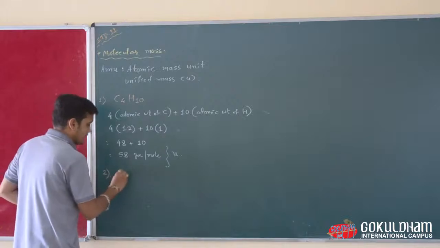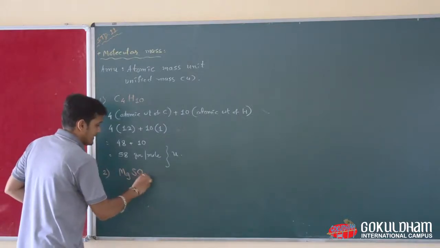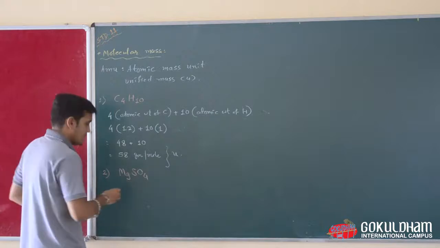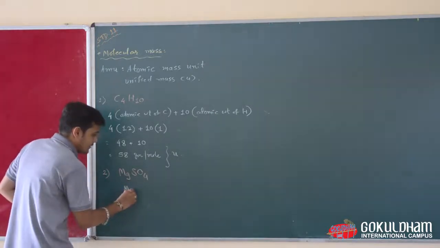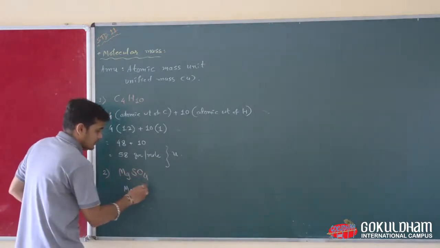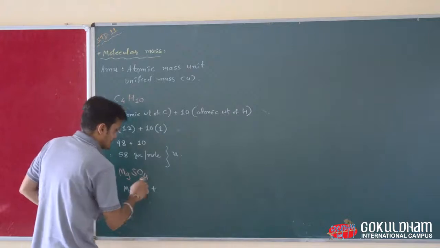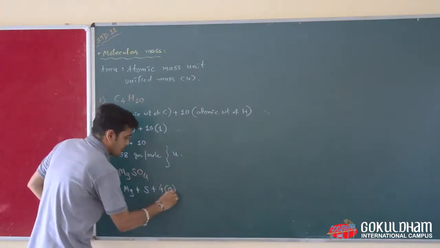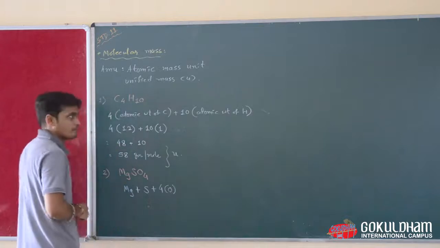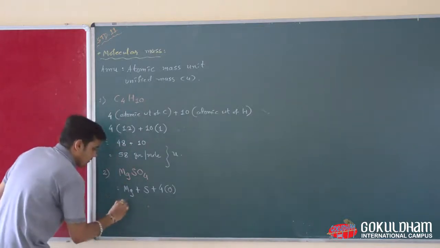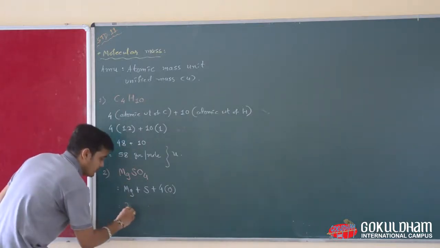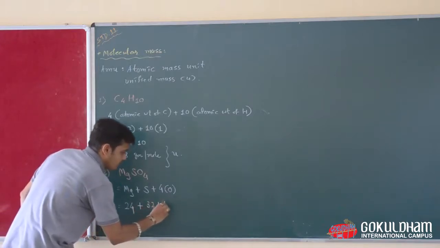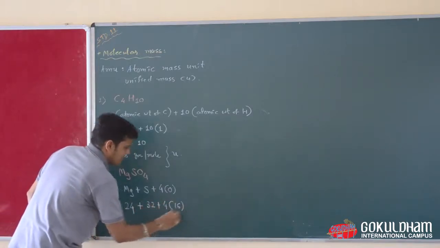In the second example, MgSO4, magnesium sulfate. Atomic weight of Mg plus sulfur plus 4 number of oxygen. Mg has atomic weight of 24, sulfur has 32, oxygen has 16.